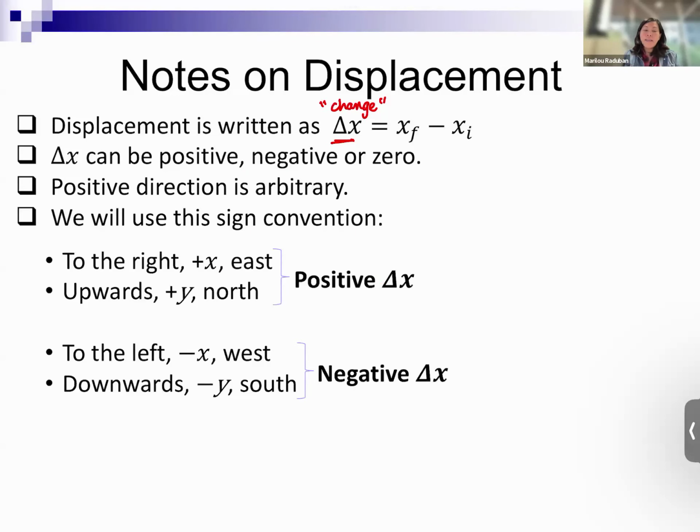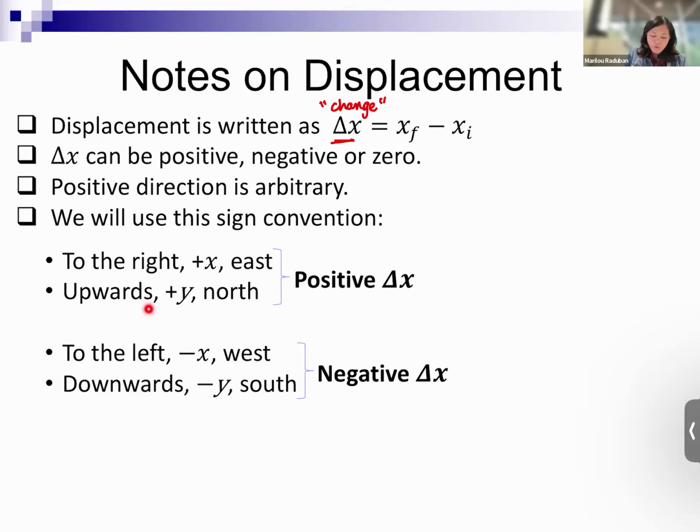Okay? The directions for positive and negative are just sign conventions, so you can choose any direction to be positive and any direction to be negative. But for consistency in this course, we will use this sign convention. If the object moved to the right or to the positive x-axis or to the east, we say that it has a positive displacement.